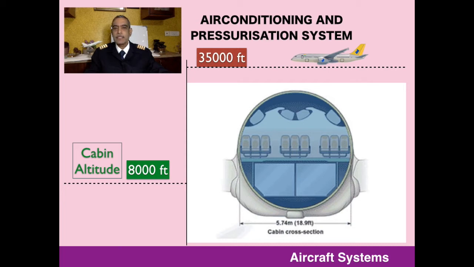Therefore, the systems provide, even if the aircraft is flying at 37,000 feet, the cabin altitude will always be maintained at 8,000 feet or lesser. So, this 8,000 feet is very comfortable for the passengers, and absolutely there are no adverse effects. So that's about the pressurization system.